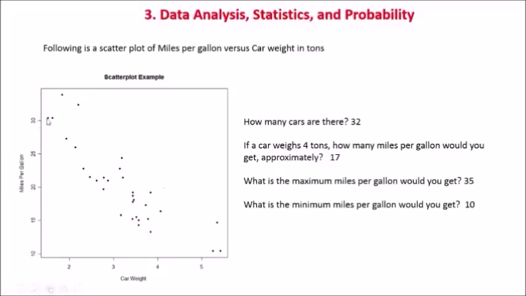So for example, let's take this one dot here. If you look at the dot, if you keep going down here, that is less than 2, it's about 1.5 tons, right? So on the car weight for this particular car, that's one car, its weight is about 1.5 tons, and then miles per gallon is about 30 miles per gallon.